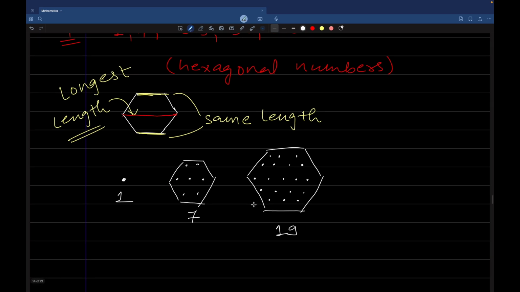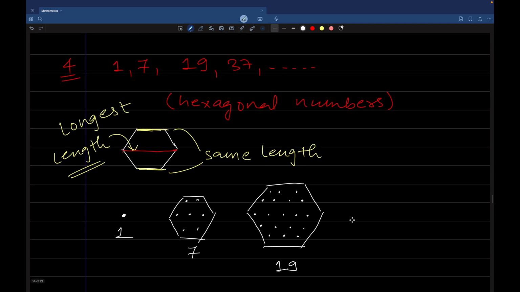Similarly for 37. If we plot 37, we have 1 dot here, then 3 dots in the middle line, then 5 dots in the middle line, increasing by 2: 1, 3, 5. Now here we will get 7 dots in the middle line, and 7 minus 1 is 6 dots, 6 minus 1 is 5 dots.